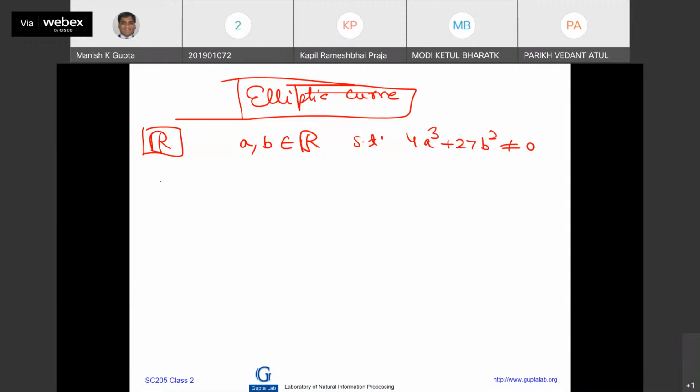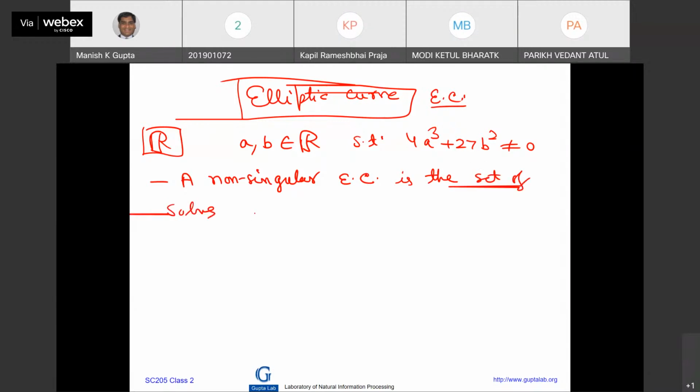A non-singular elliptic curve, I will call it EC, elliptic curve, is the set of solutions (x, y) in R squared to the equation y squared equals x cubed plus ax plus b.